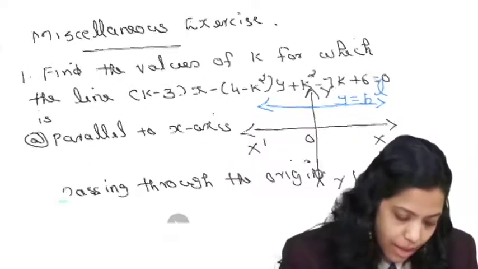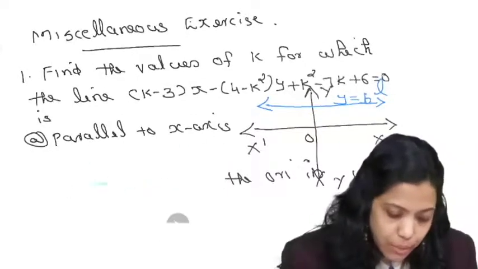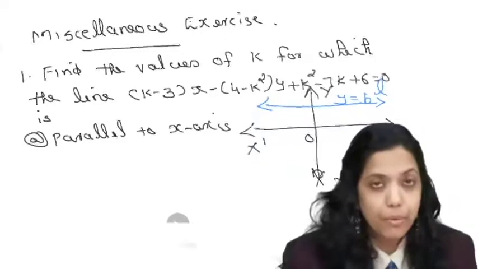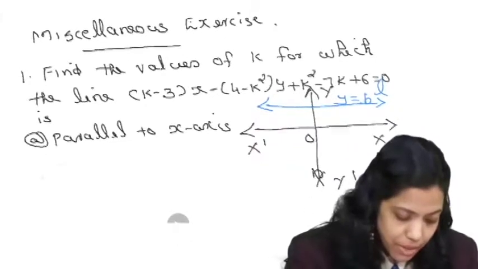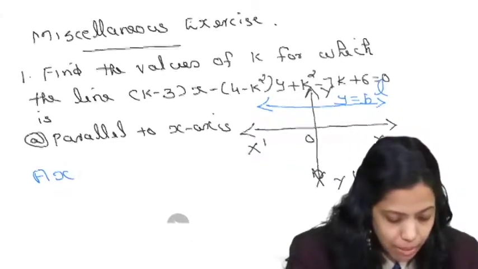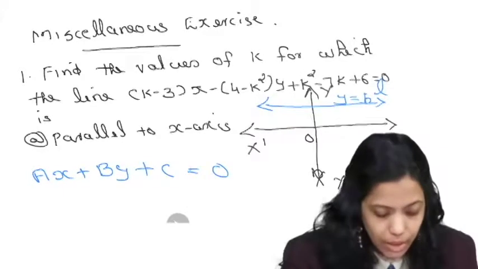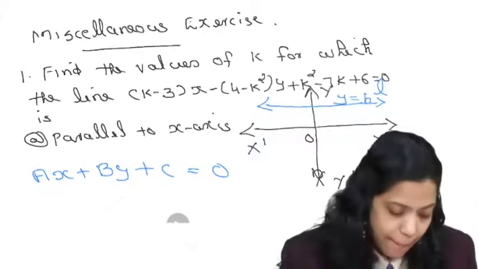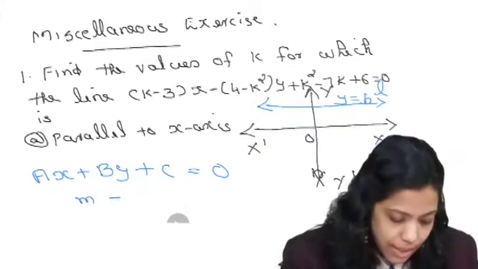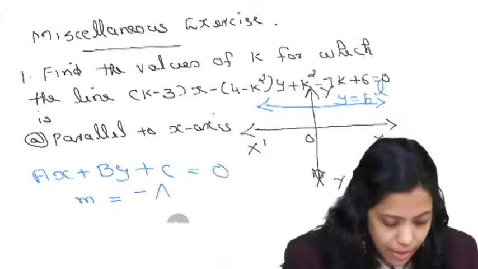So here I am going to write down that equation of the line in standard form. The straight line represents ax plus by plus c equal to 0. The slope of the line m equals negative a divided by b.